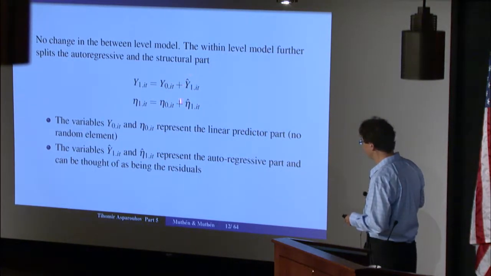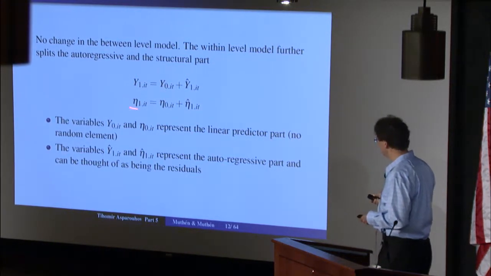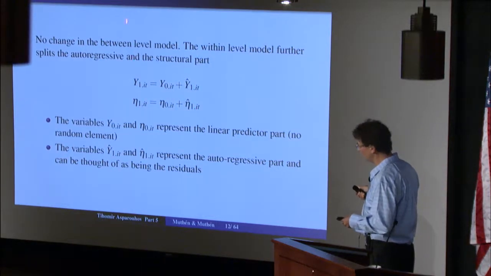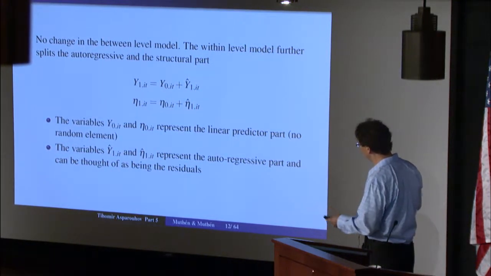And the hat basically refers to the residual, and this would refer to the structural part, all the predictors. So we split it to show you what our DSEM model is. We basically have this additional, so the within level is actually split into two separate levels.